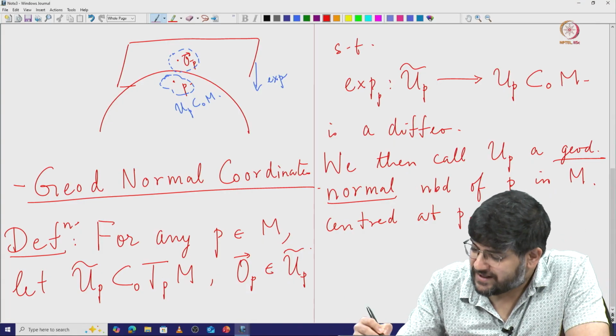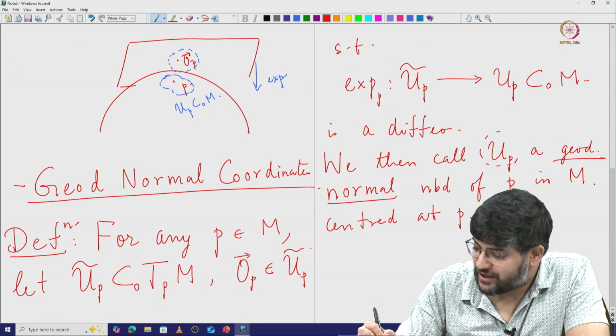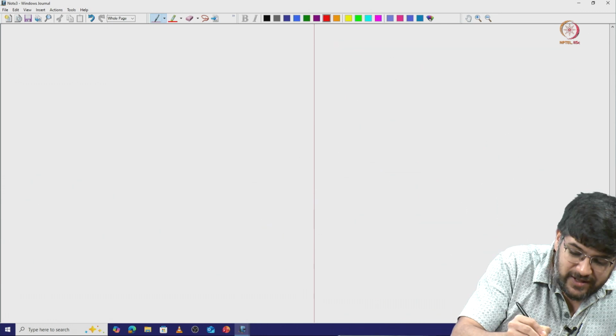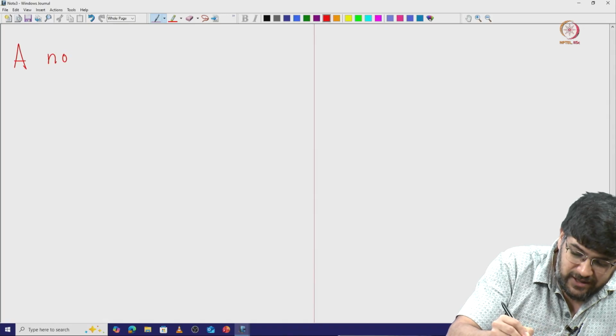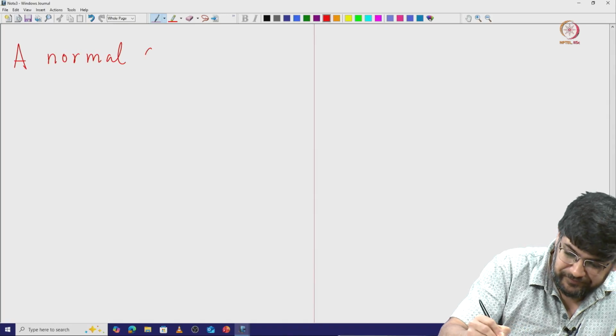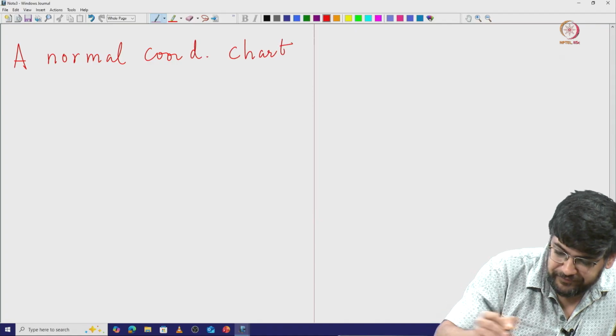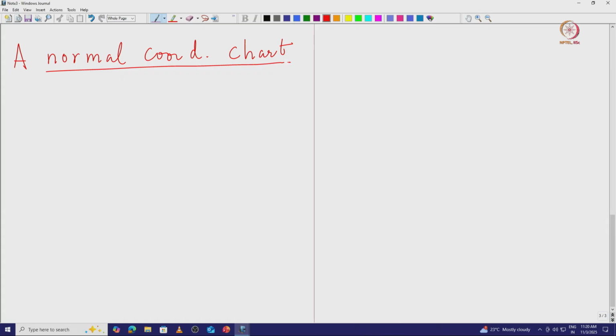So the normal coordinates are a special set of coordinates defined on this U P. Okay, so what are those? A normal coordinate chart on U P is a map, which I will denote by, let us say, psi.